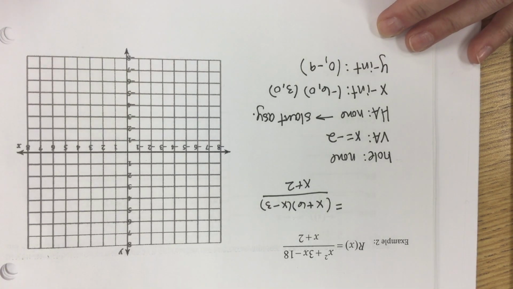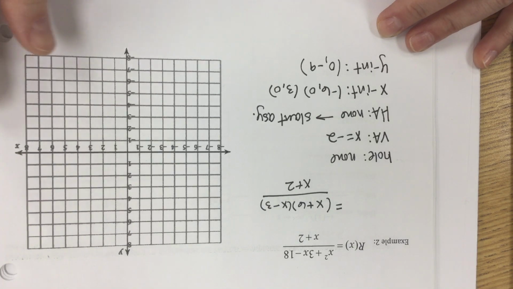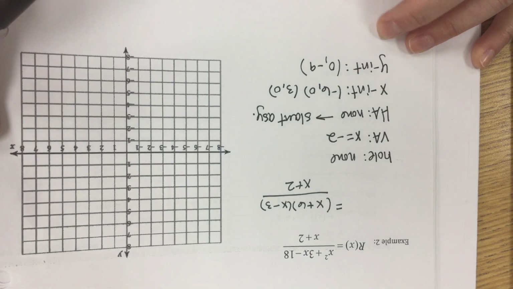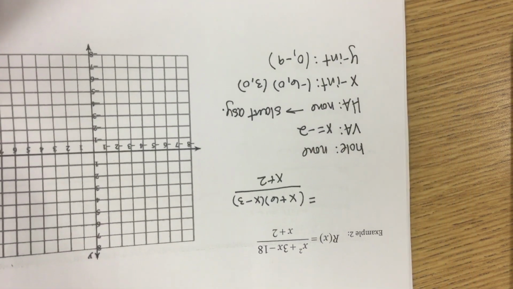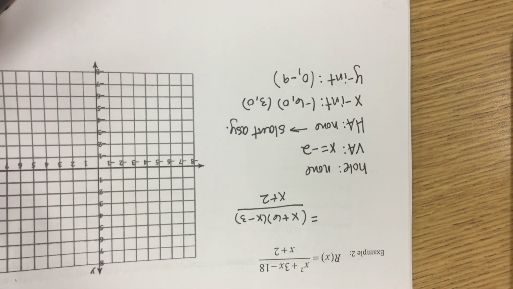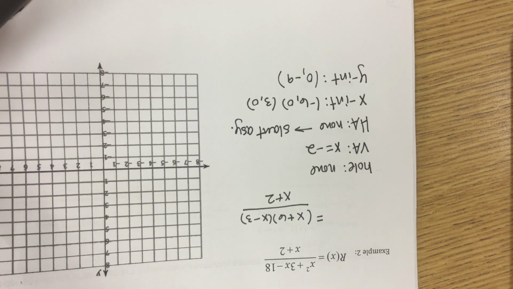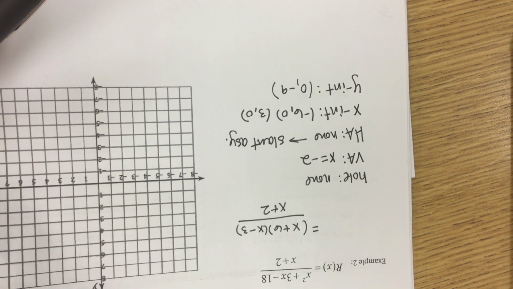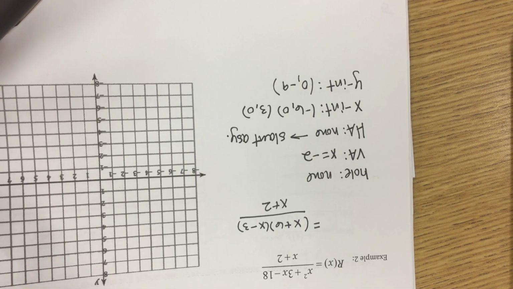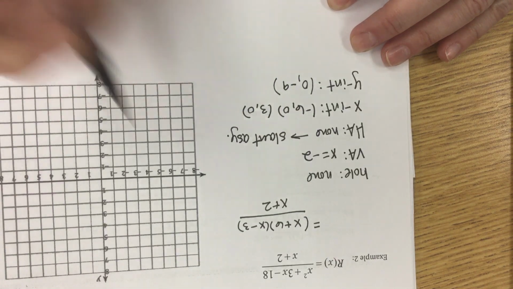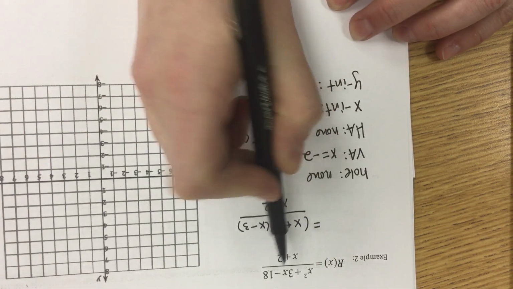Now, then we encounter this slant asymptote. And so what we need to be able to do as we look for our slant asymptote is we're actually going to have to divide the numerator by the denominator. Now, what's really nice about this question is that we can actually do synthetic division. So my divisor right now is x + 2.